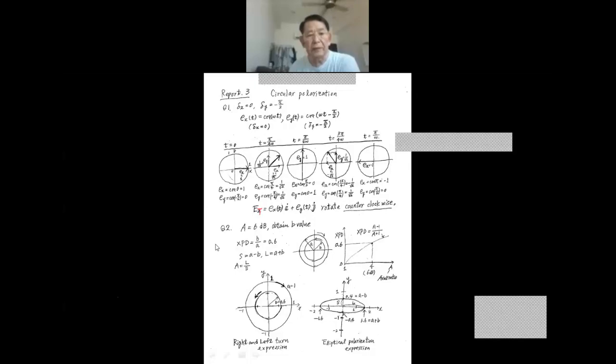Yes. And next, this is question 2, the exercise of axial ratio and XPD, cross-polarized discrimination, of circular waves. This is the left side result and the right side result.